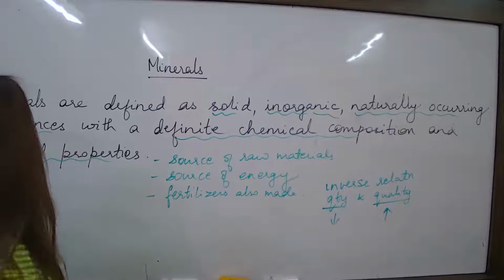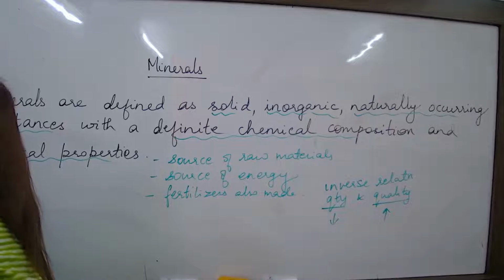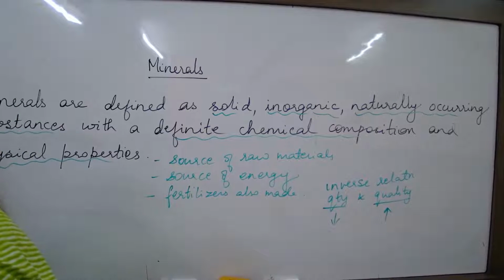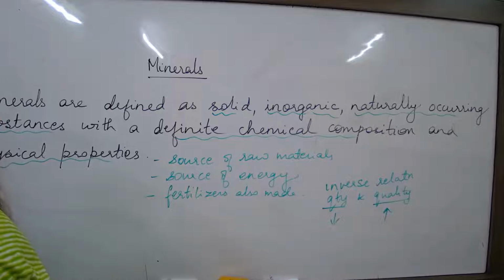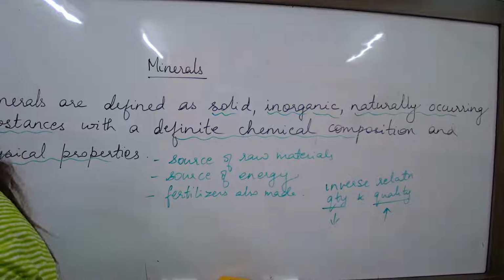Okay. Then they do not have metallic luster and can break easily. Like mica, as you know, it is very thin. If you take a very thin sheet of plastic, how will it be? Mica is like that, but it will break. Plastic won't break, but mica is like that.